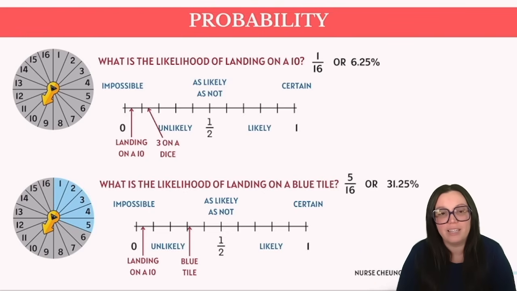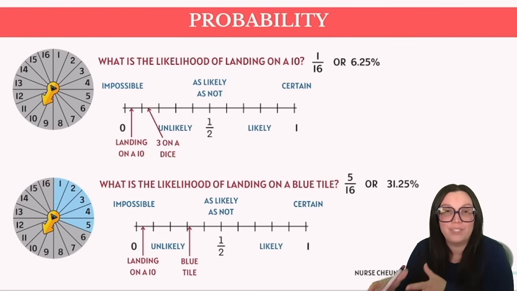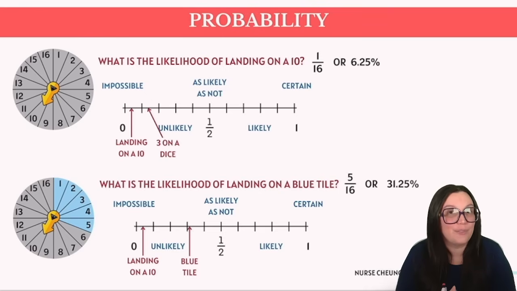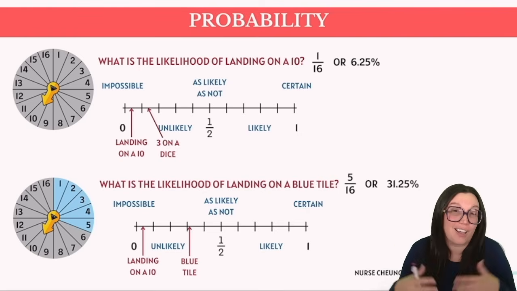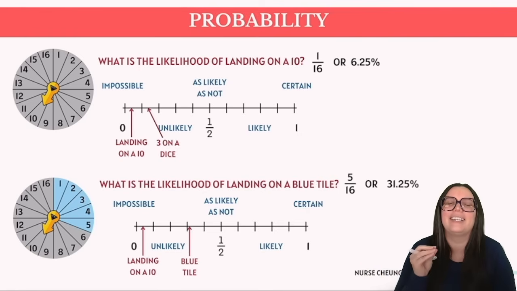Thus, the probability of the spinner landing on a blue tile is calculated as 5 over 16, also translated to 31.25%. While 31.25% might still be considered not highly probable, it's significantly more likely that we're going to land on a blue tile than on one specific number with our spinner.